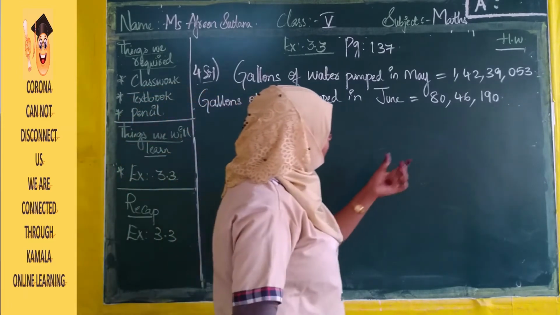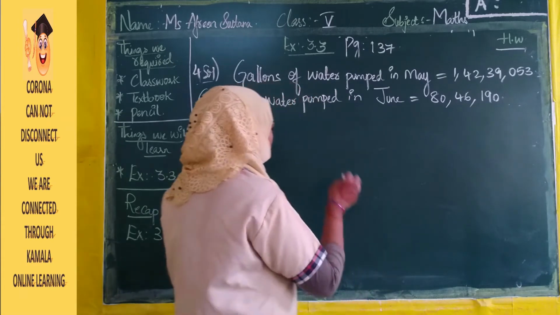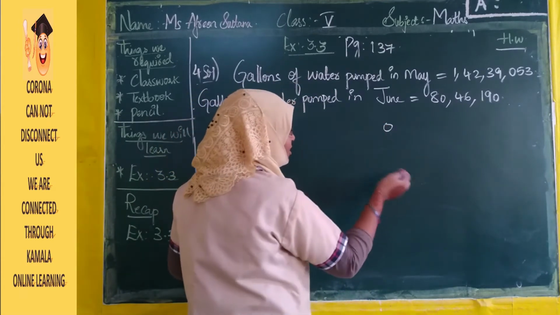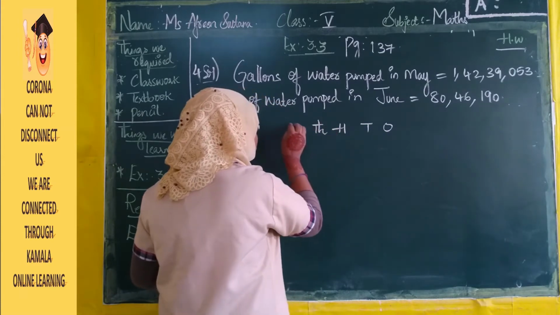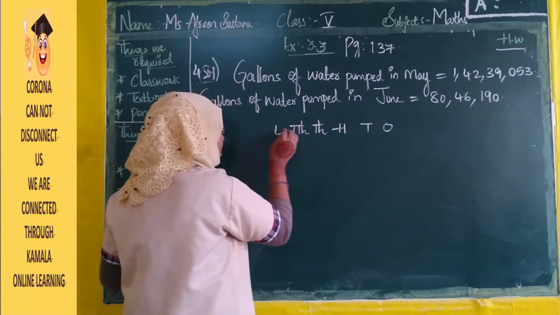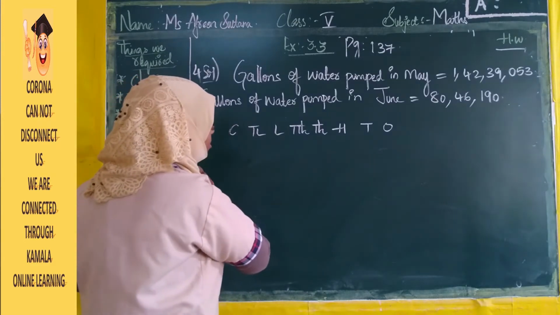So if you see, this is 1 crore, this is 80 lakh. Okay, if you want, you can write our place values. Let us write it: ones, tens, 100, 1,000, 10,000, lakh, 10 lakh, crores.